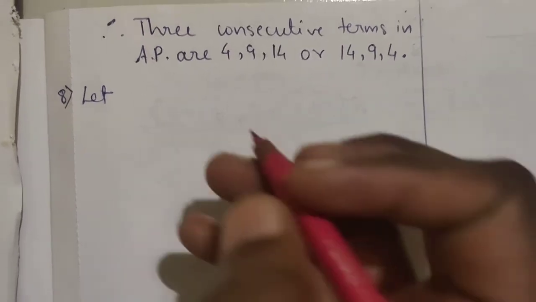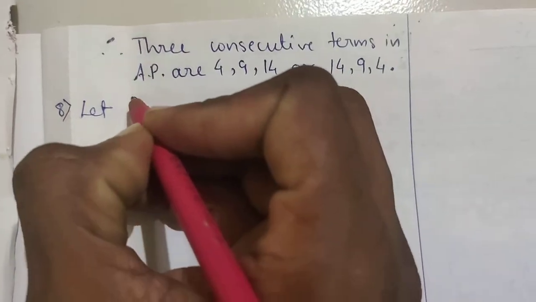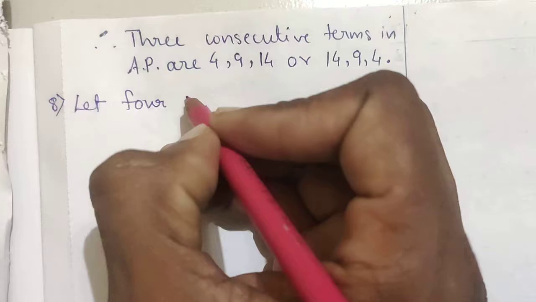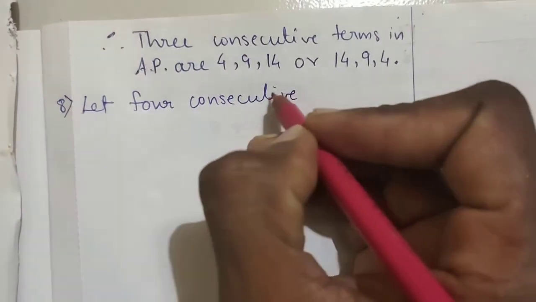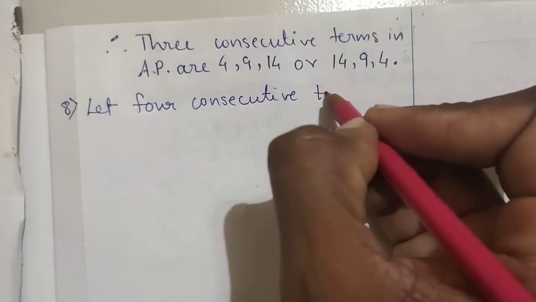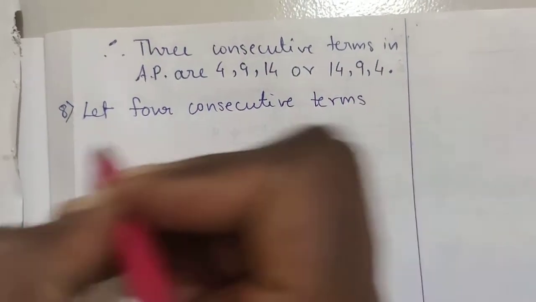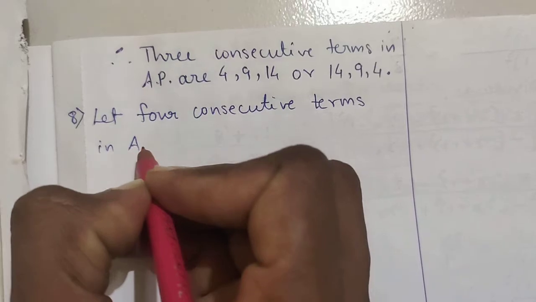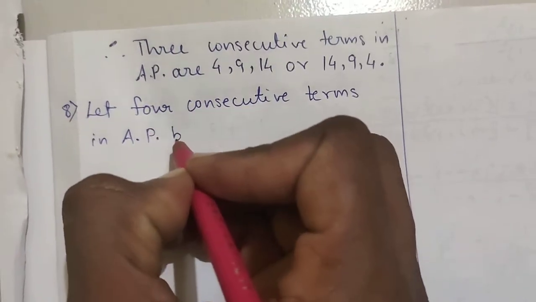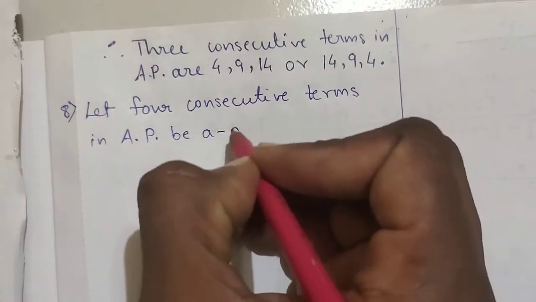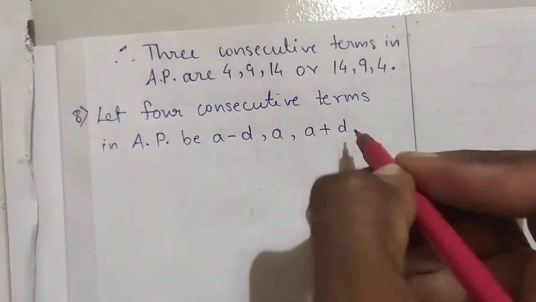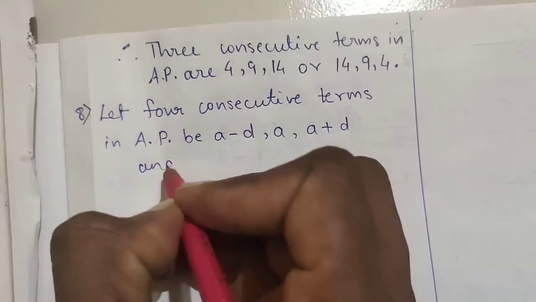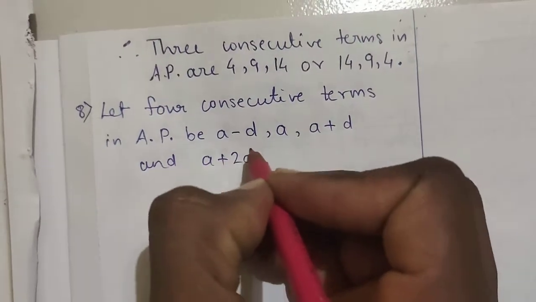Let us see the solution. Let 4 consecutive terms in AP be A minus D, A plus D and A plus 2D respectively.